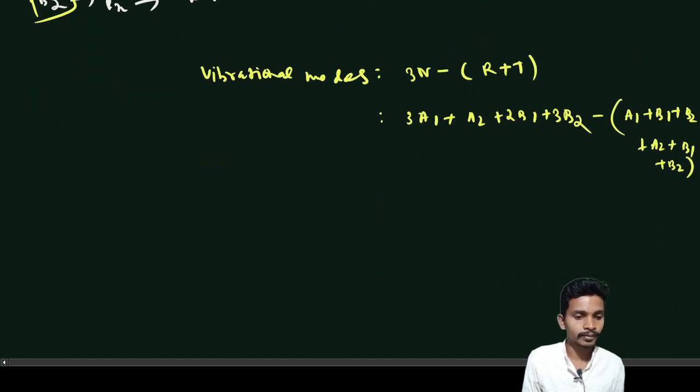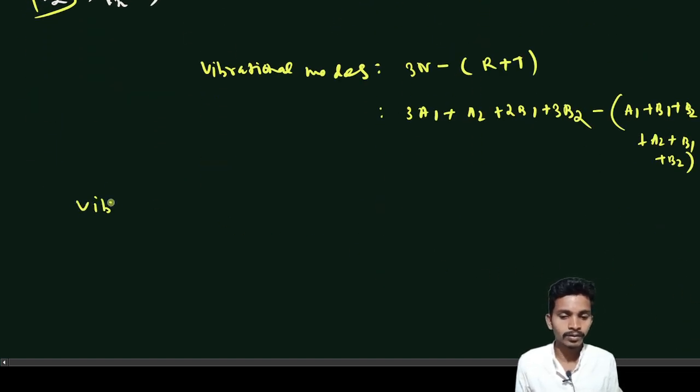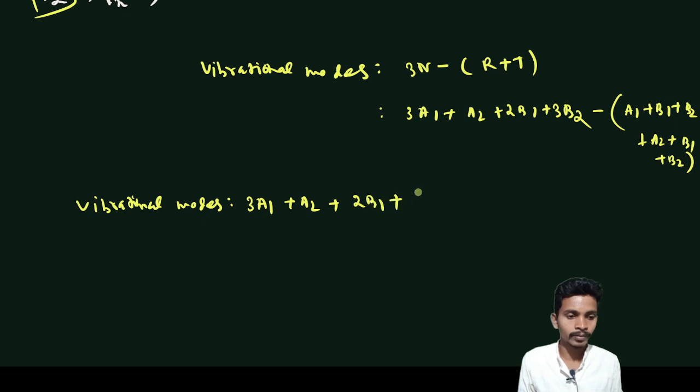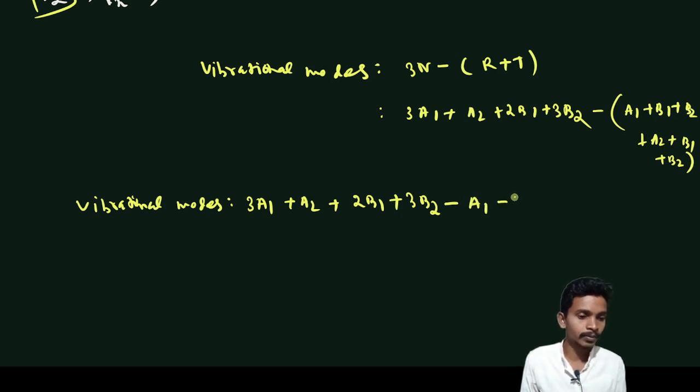So the vibrational modes are 3A1 plus A2 plus 2B1 plus 3B2, minus A1, minus A2, minus B1, minus B2.